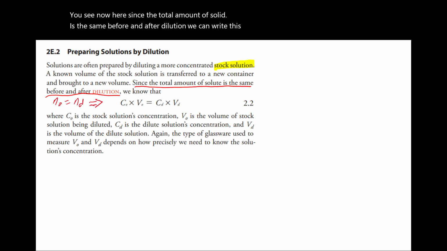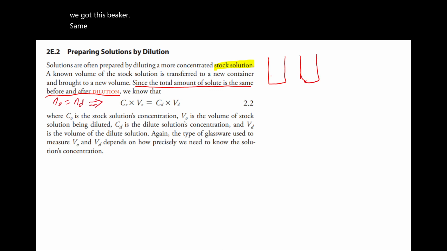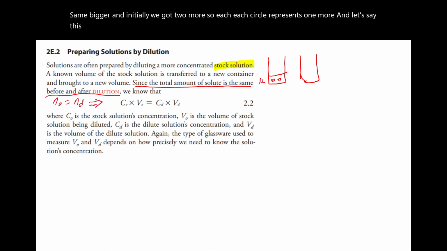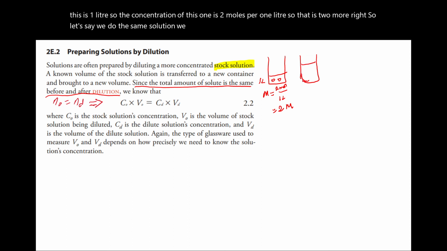What does that mean? Let's say we got this beaker, same beaker, and initially we got 2 moles. So each circle represents 1 mole, and let's say this is 1 liter. So the concentration of this one is 2 moles per 1 liter, so that is 2 molar, right? So let's say to the same solution we added another liter of solution.